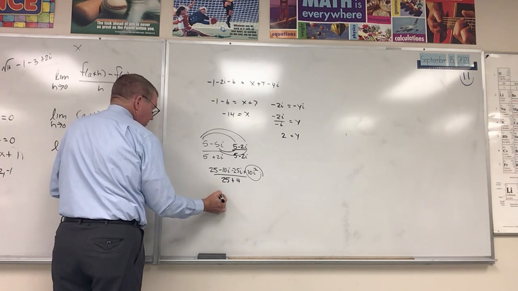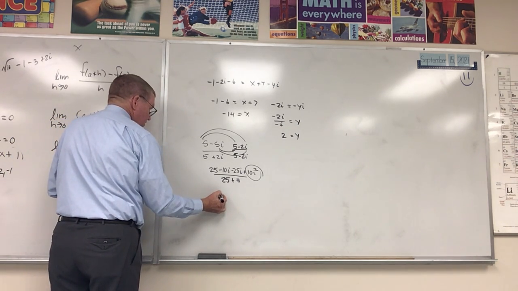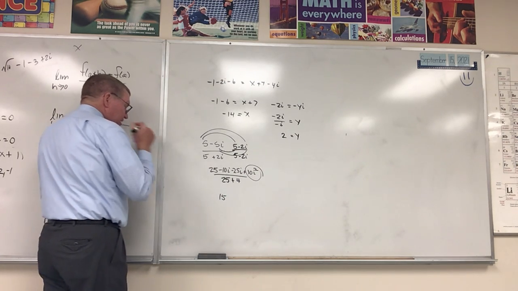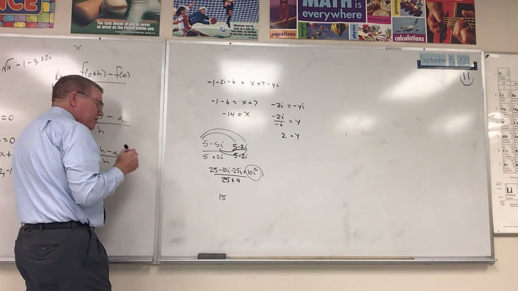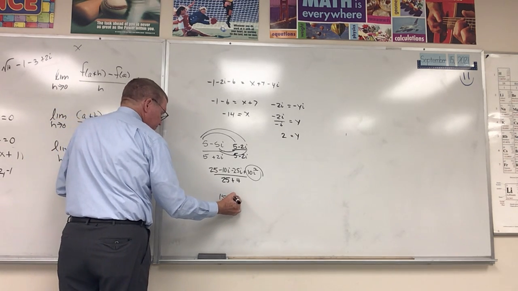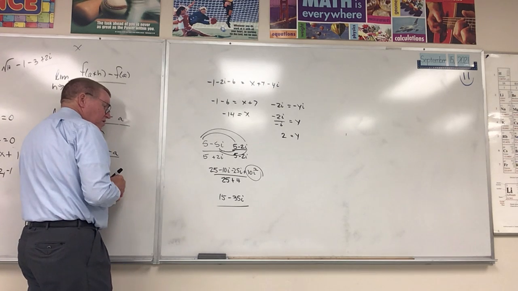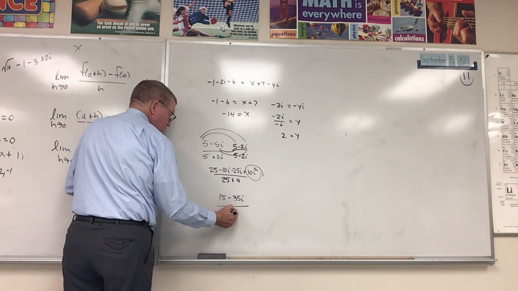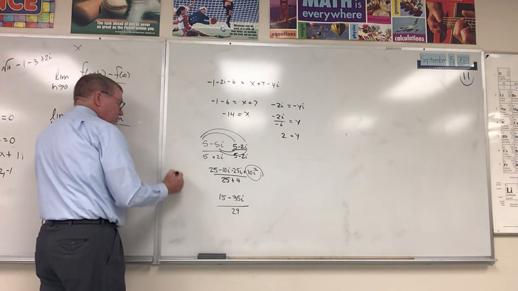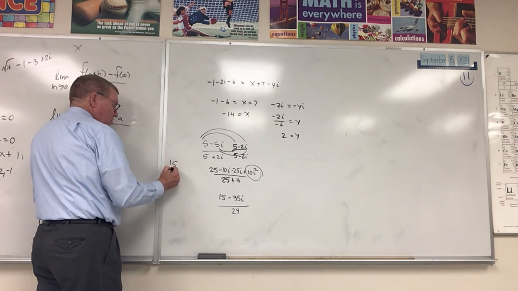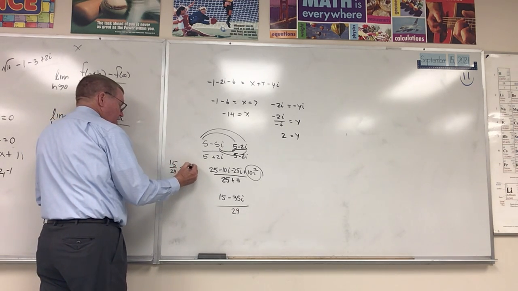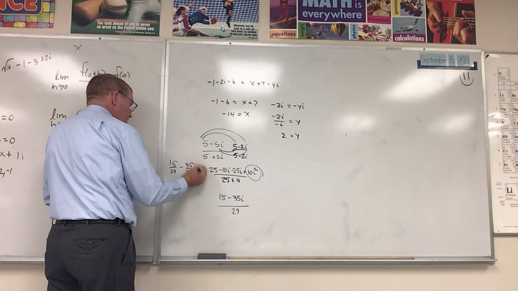Plus 25 is 15. Negative 10I minus 25I is negative 35I. 25 plus 4 is 29. Can't have them together, so 15 over 29 minus 35 over 29I.